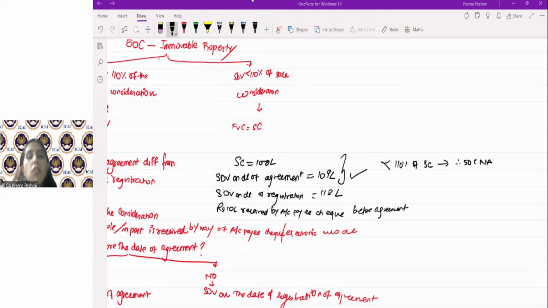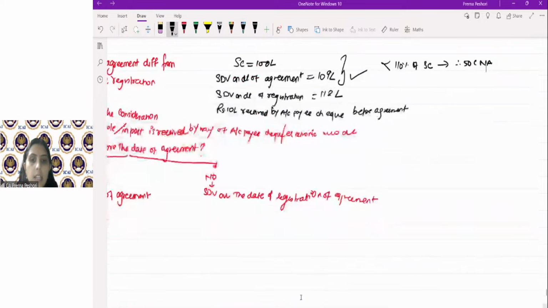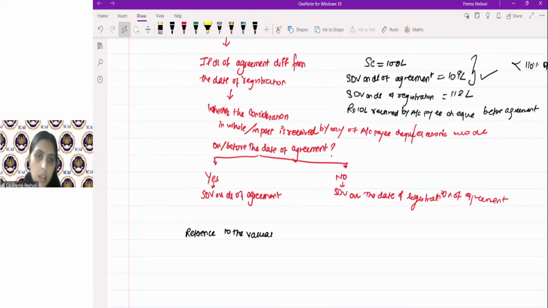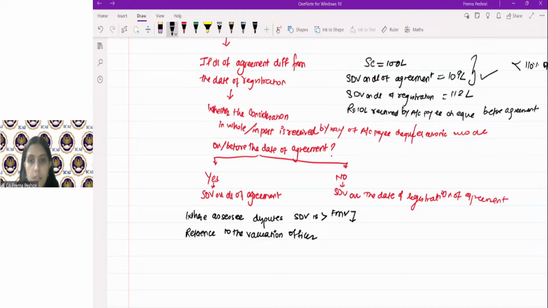Therefore, the assessing officer will make a reference to the valuation officer. So let's say in a reference to the valuation officer where the assessee disputes that the stamp duty value is greater than the fair market value, and the reference is made to the valuation officer.